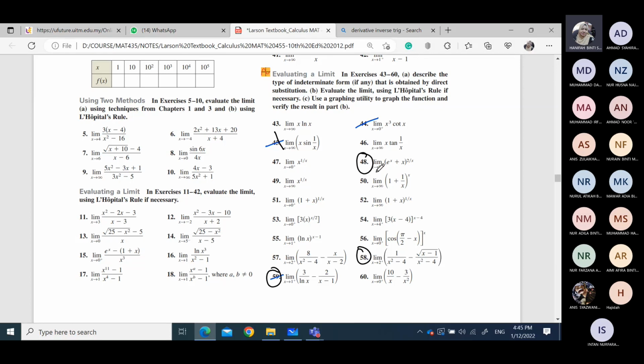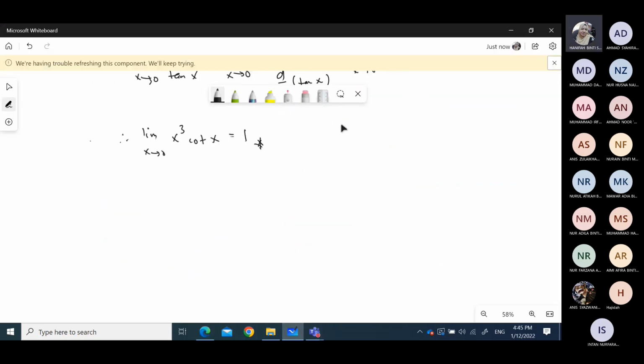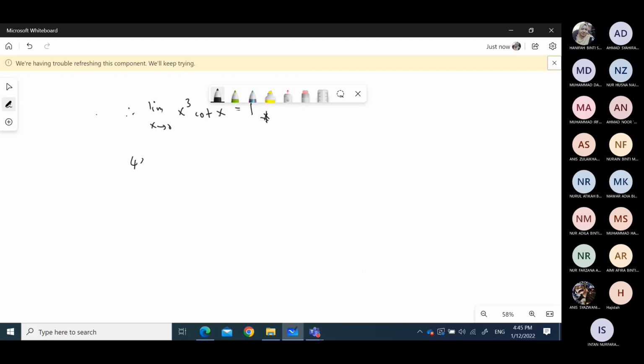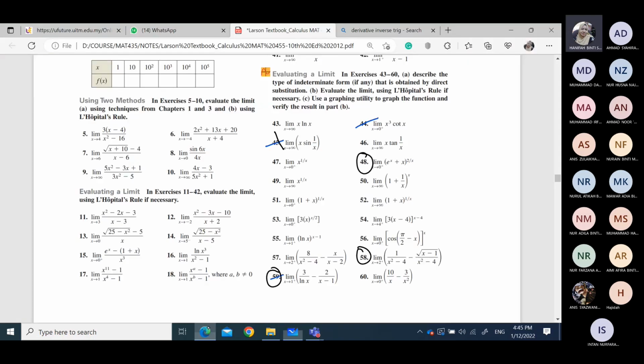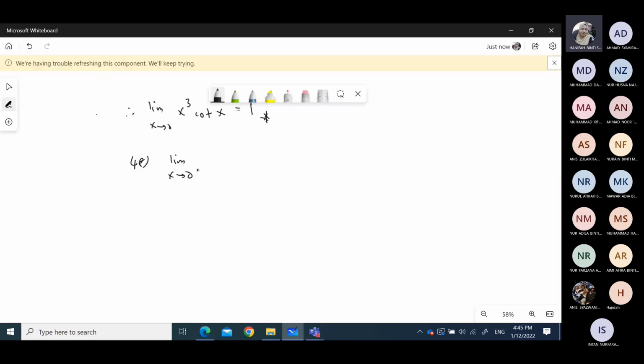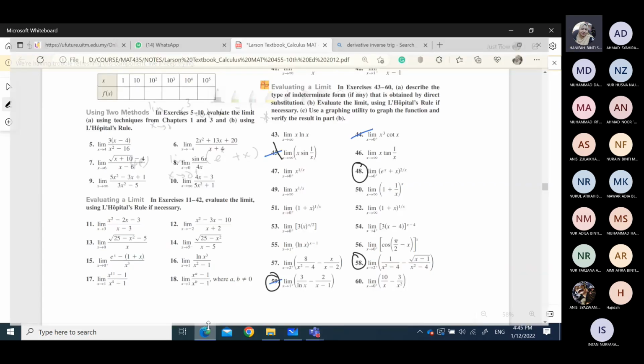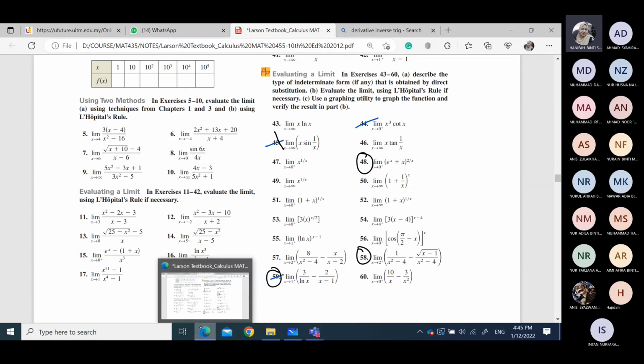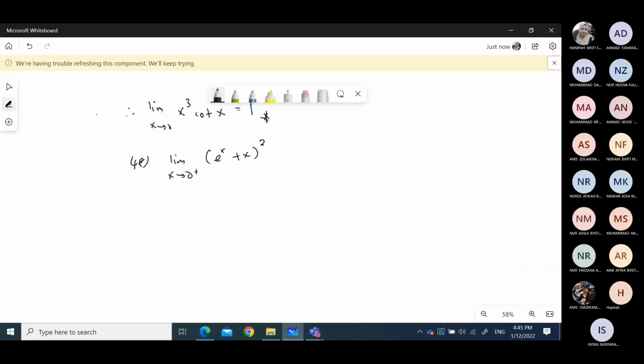Okay, so now look at this question 48. Limit x approaches 0 for exponent of x plus x, the whole thing to the power of 2 over x. Okay. So kita tengok limit x approaches 0 for exponent x plus x, the whole thing to the power of 2 over x.